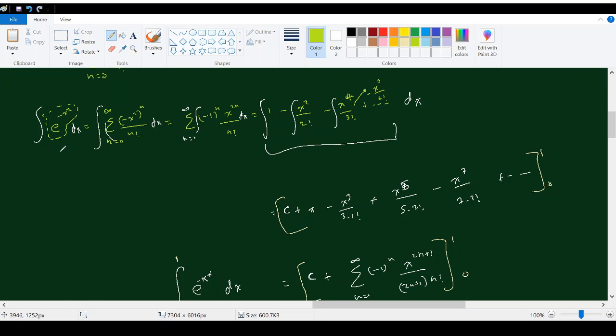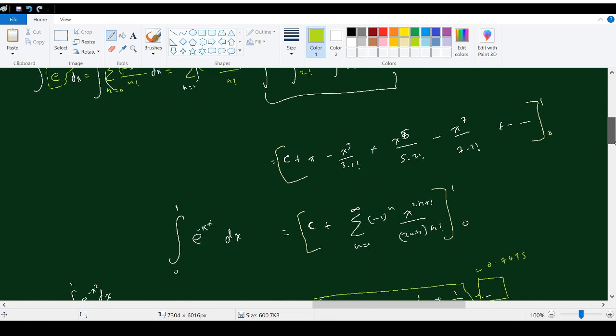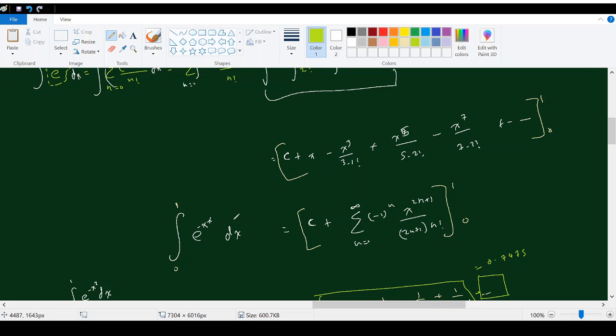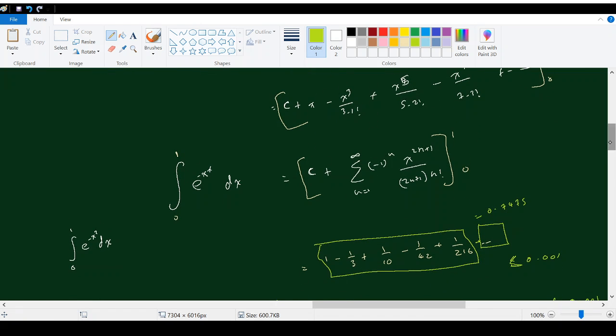It's difficult. So we have to go for different techniques like this in order to come up with a suitable value for this definite integral. So what we have done is we have approximated an integral.